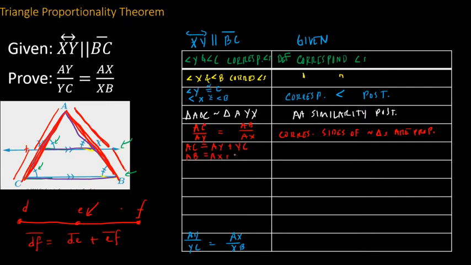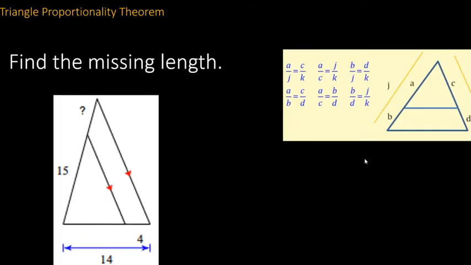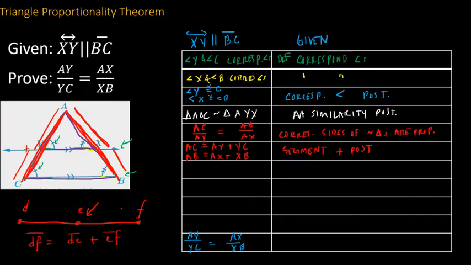This is sort of intuitive. When you look at the diagram, you could say that if I added AX to XB, I would get AB. But you do need the segment addition postulate to actually make that claim. And again, I apologize about this presentation. It's been doing this to me all day. Anyway, I've got this segment addition postulate.